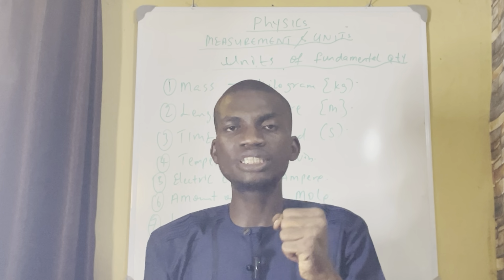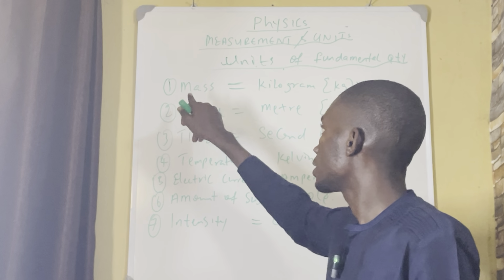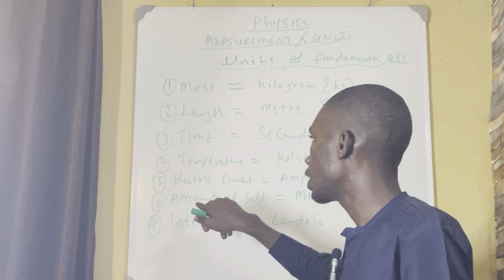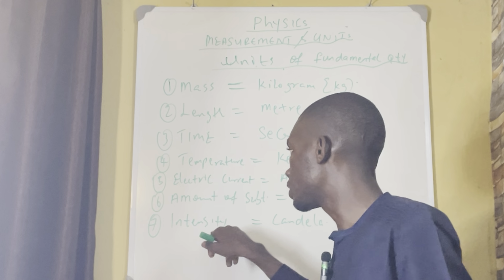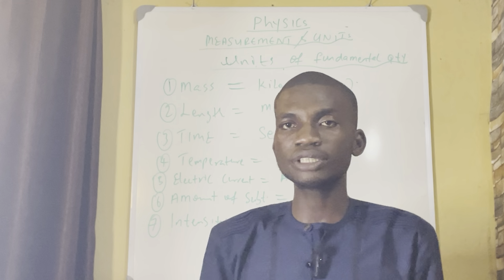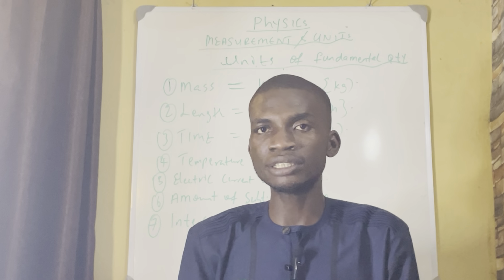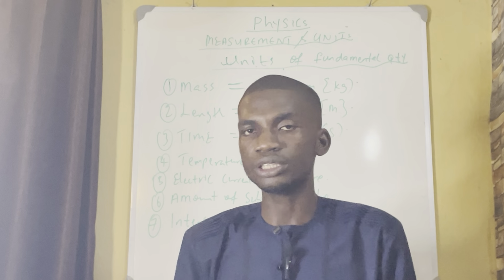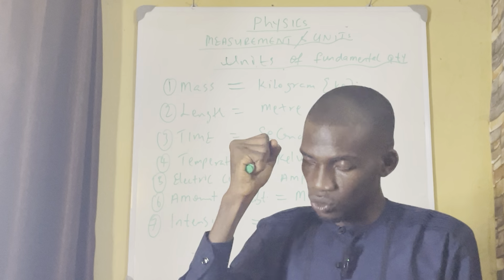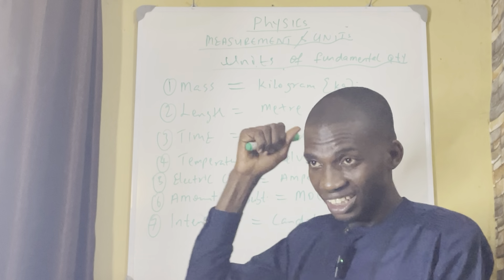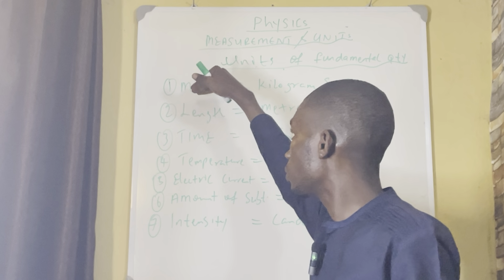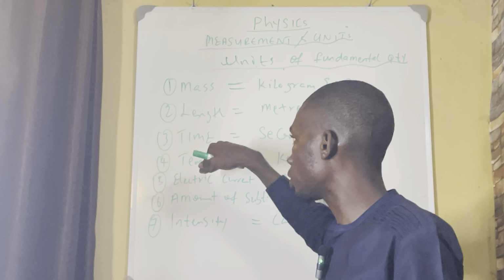The basic quantities are mass, length, time, temperature, electric current, amount of substance, and intensity. Now in JAMB or any exam you're writing, OBJ or theory, if it is theory, they will ask you what is a fundamental quantity. List out the 5 fundamental quantities you know. That is why you list mass, length, time, temperature, electric current.